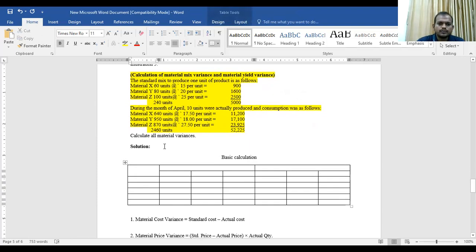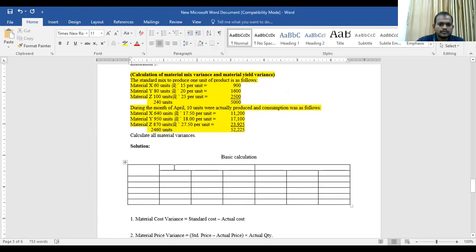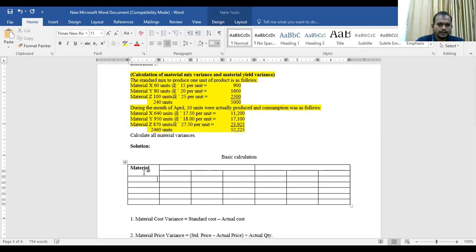Let us try to separate the information. Materials X, Y, Z, standard, actuals.